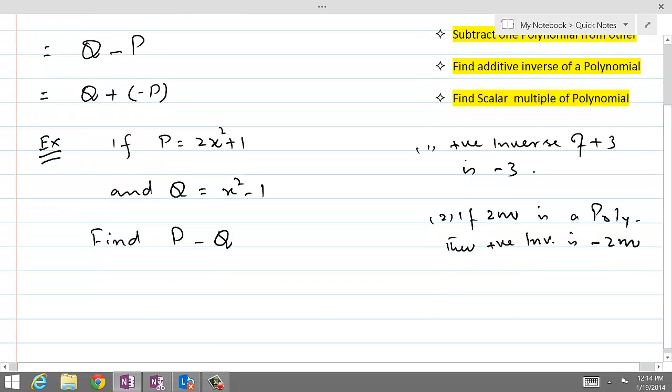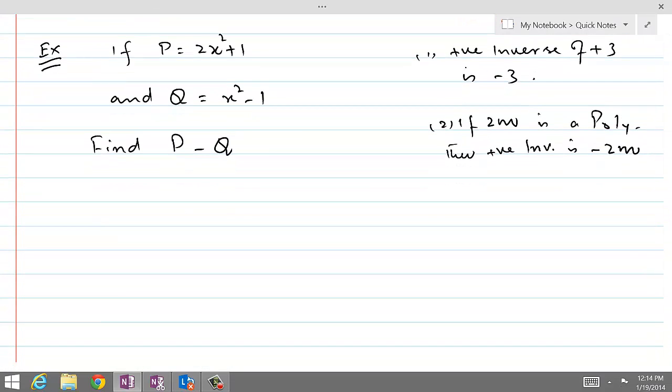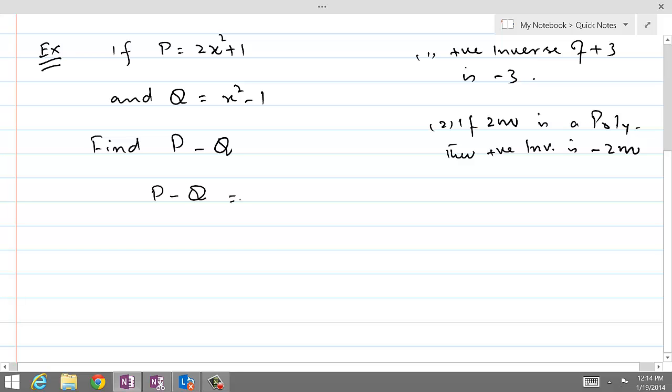We can do this question either by writing horizontally or vertically. If we write it horizontally, then p minus q would be written as p, which is 2x squared plus 1, and now q here is x squared minus 1.